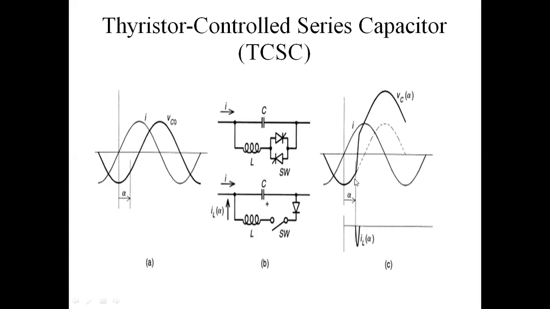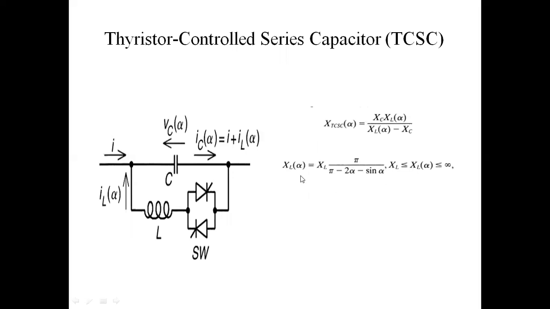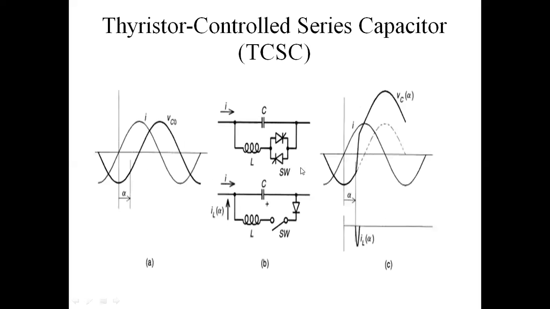When the switch is open, this is the current waveform. When we open the switch, the voltage increases suddenly, Vc of alpha. When we change alpha value, the voltage increases suddenly.